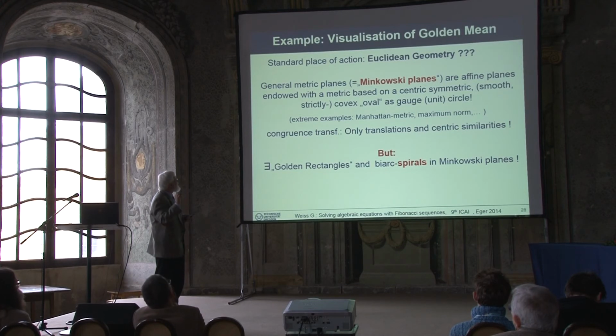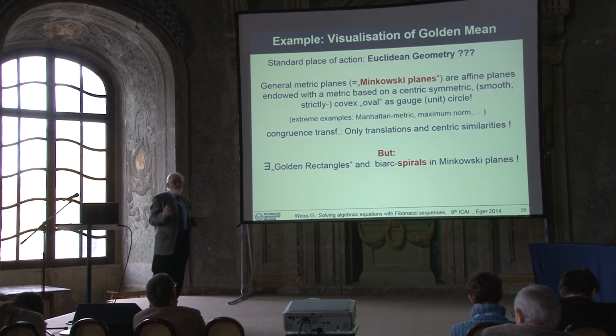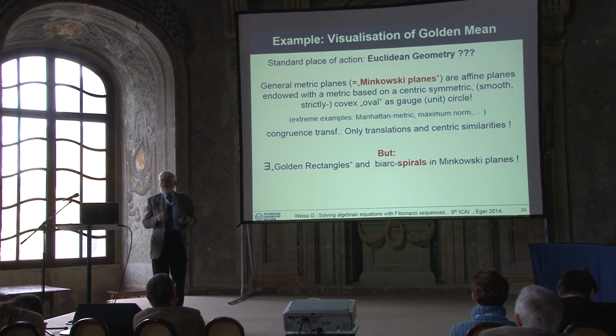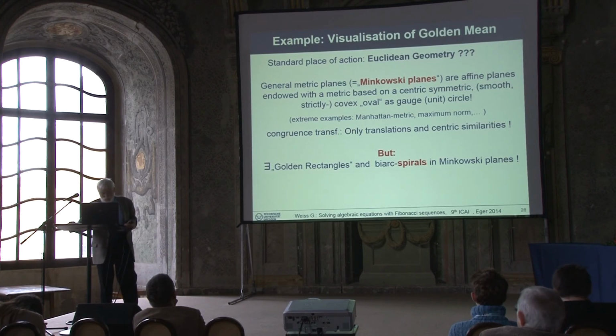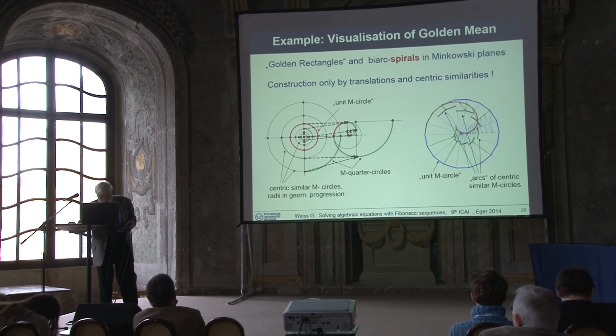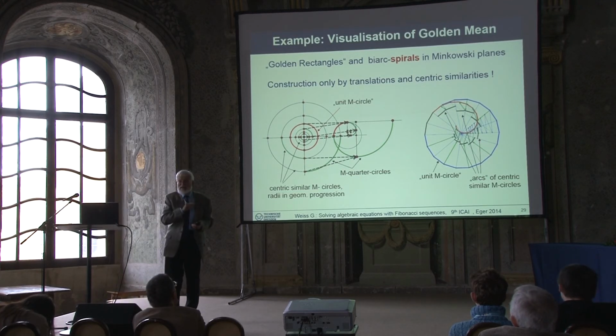You have a strictly convex, mostly smooth and strictly convex oval as the unit circle. And then you have circles, and you have quarter circles because it's centrally symmetric, and you can make this construction you made before also for this, and construct even bi-arc spirals in metric planes, which are not Euclidean, where you don't have a full similarity rule, just central similarities and translations.